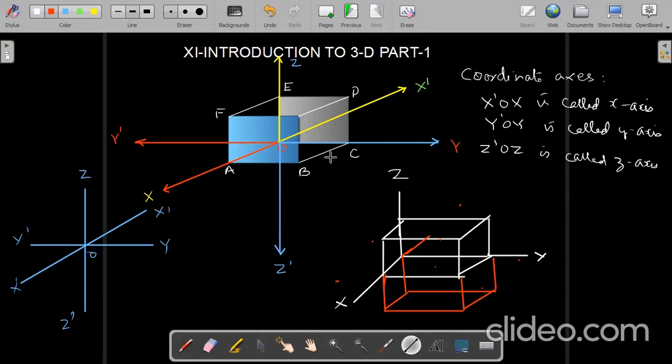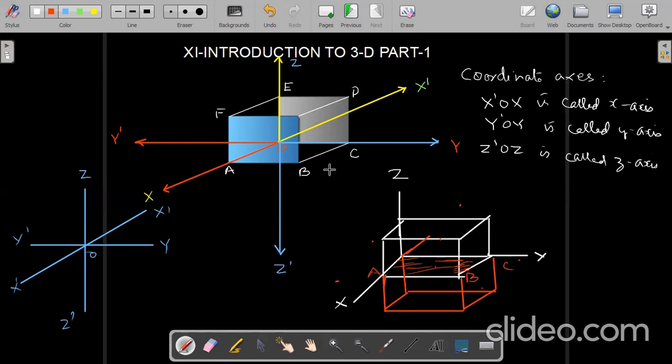Octants, correct? So let's see what the coordinates are. The coordinates of a point, or coordinate planes. First we see what the coordinate planes are. Now you can see there is a plane, this part. Suppose we have taken ABC. ABC is lying on the XY plane, correct?